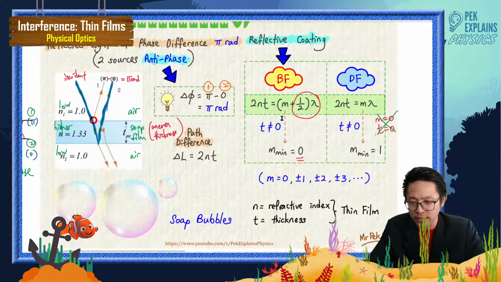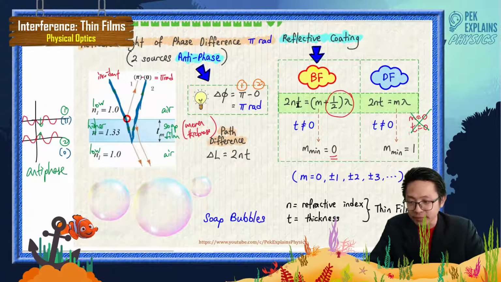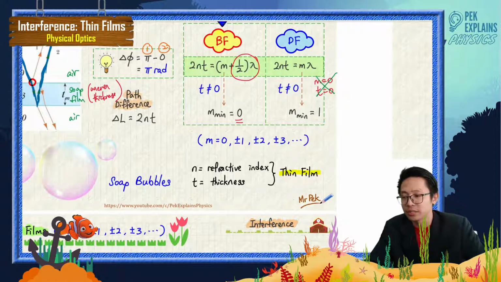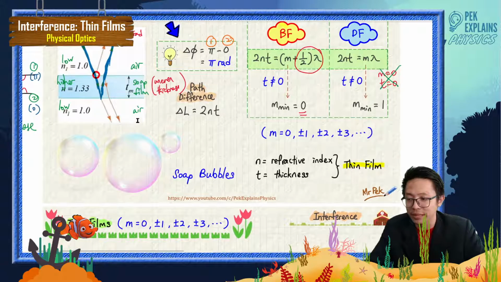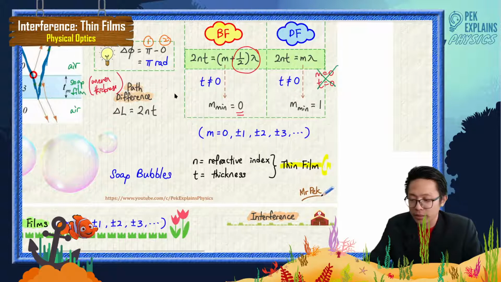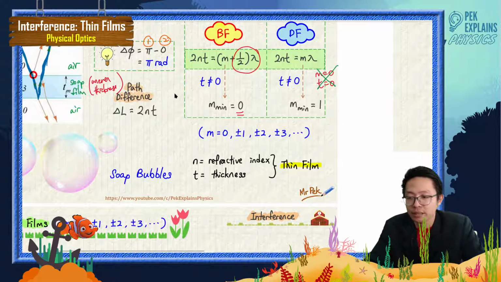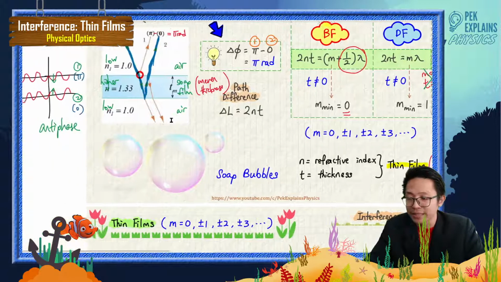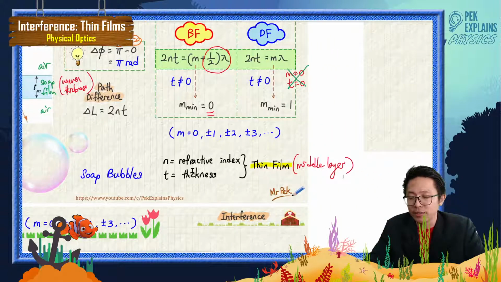Now one more thing is this n. Remember, you have many refractive indices here. You use the n for the thin film. Don't use the n for other media. Only use the refractive index of the thin film, the middle layer, not the other layers, not the bottom layer.